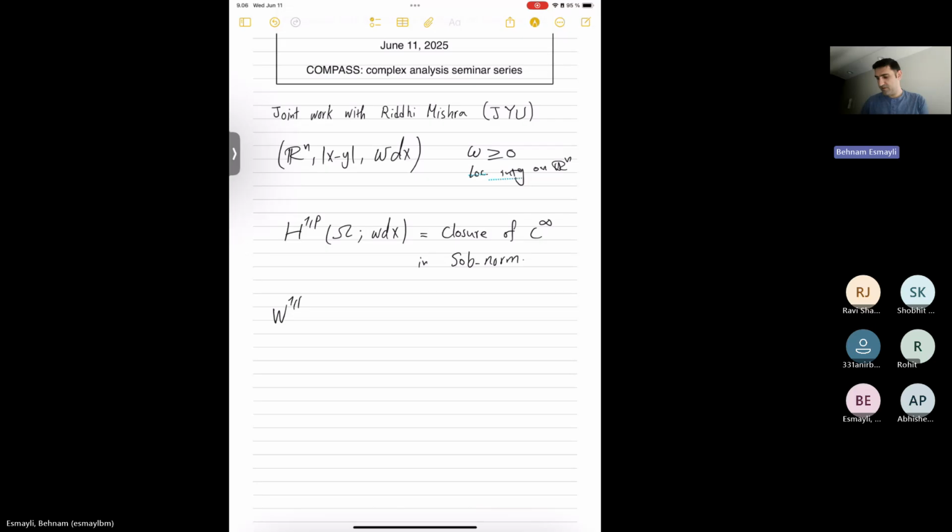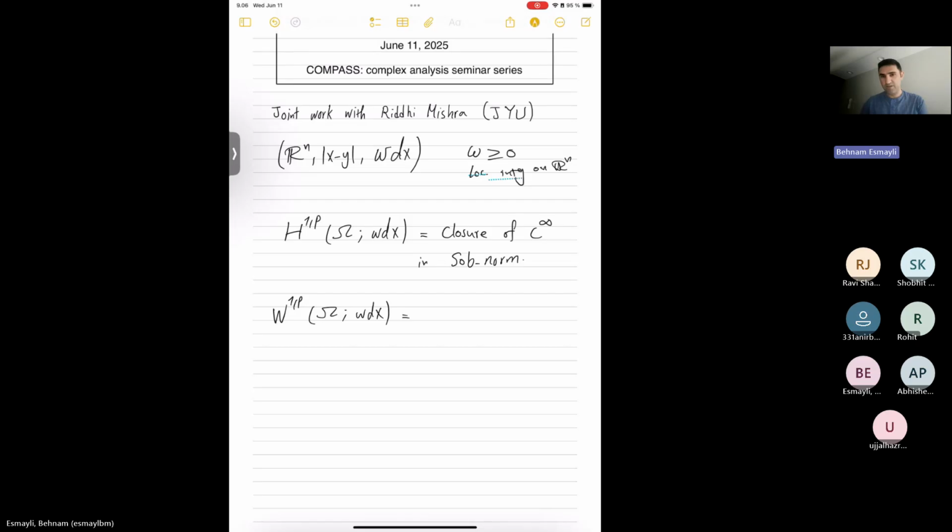And the other approach was going back to the familiar notion of weak differentiability. So this will be LP functions, so I have to specify, this is LP with respect to the weight. And then they are also L1 locally with respect to just the usual Lebesgue measure.